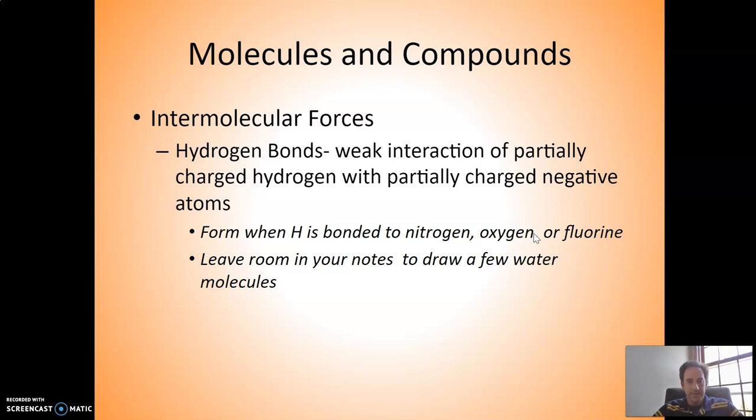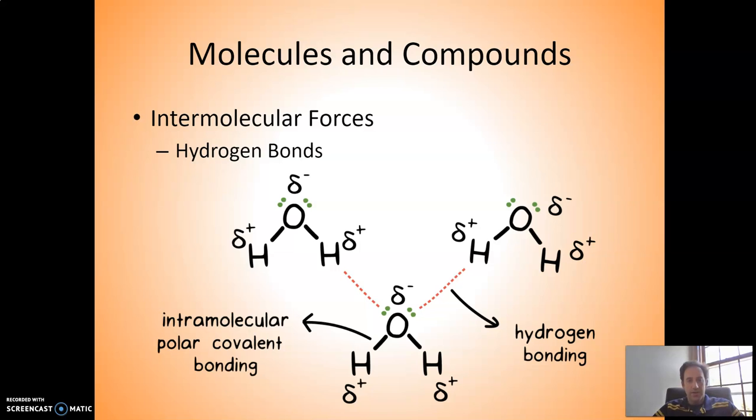A hydrogen bond is an example of an intermolecular force, and it's a weak interaction of a partially charged hydrogen with a partially charged negative atom. And they form when hydrogen is bonded to nitrogen, oxygen, or fluorine. And so here's some pictures, and I think it's worth drawing this out. So here's our water molecule. I said earlier that oxygen has a slight negative charge.